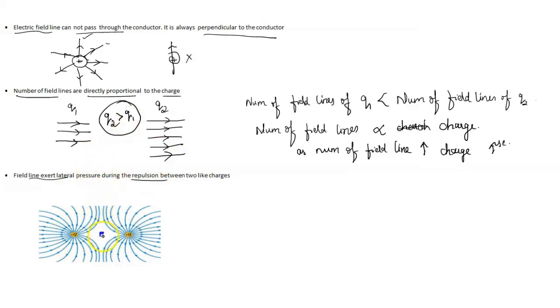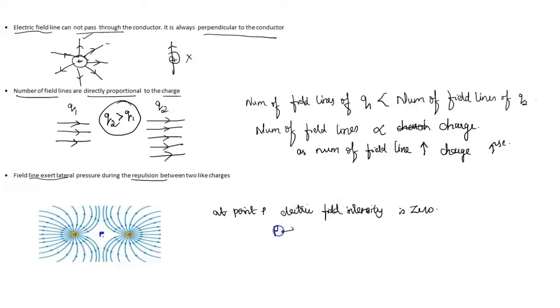If we consider a point P at the midpoint between these two charges, the electric field intensity is 0 at point P, because the electric field intensity of one charge gets completely cancelled out by the other charge.